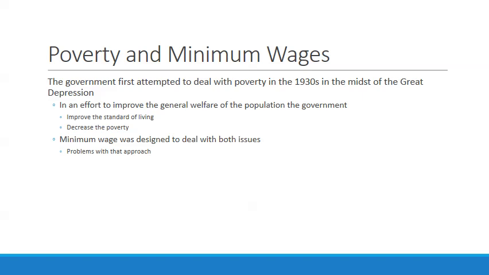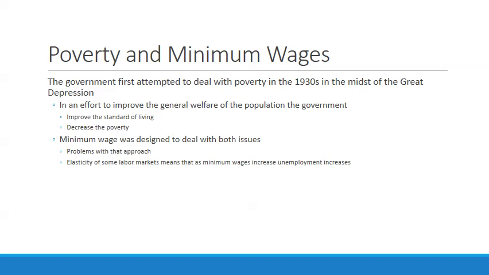So let's look at some problems with that approach. The big thing here is that the elasticity of some labor markets means that as minimum wages increase, unemployment increases, and this is a big issue. Minimum wage jobs are very, very elastic. The demand for minimum wage jobs is extremely elastic, and the reason is very simple.